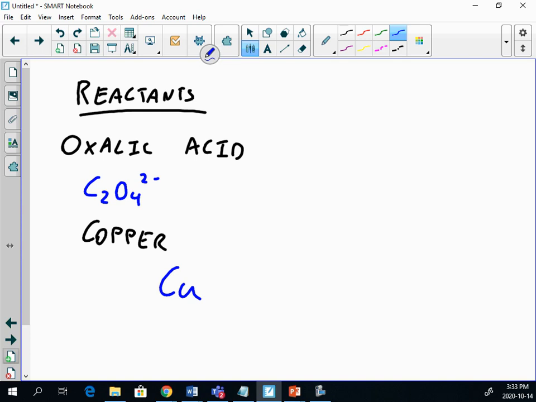In either case, we're going to balance it with H+. So what we're actually going to end up with here is H2C2O4. Much like the previous question, this is a single replacement reaction where an acid is attacking a metal.